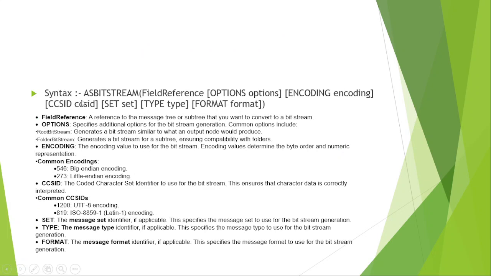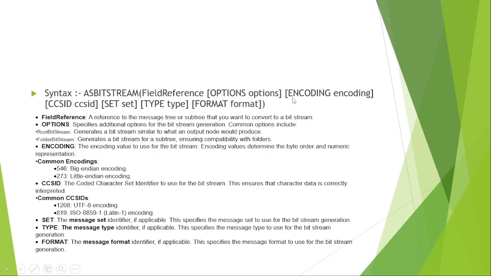The syntax of the ASBITSTREAM function consists of ASBITSTREAM, a field reference, and some options. The things written in brackets are optional, so either you can mention them or not.